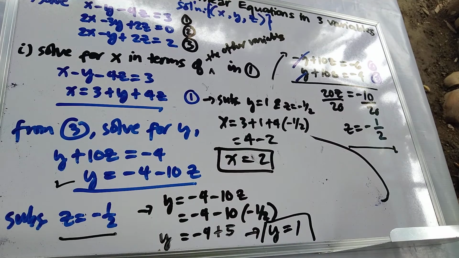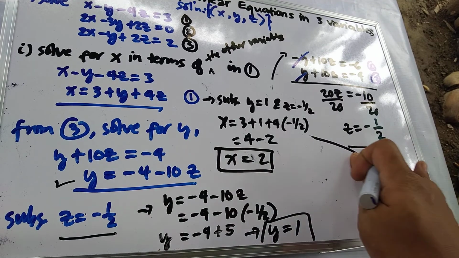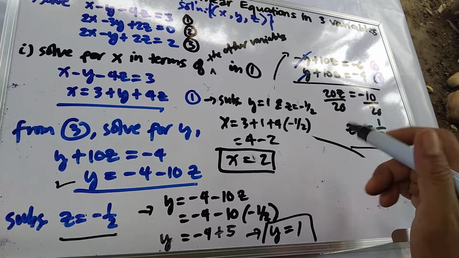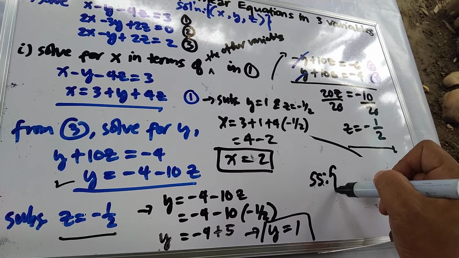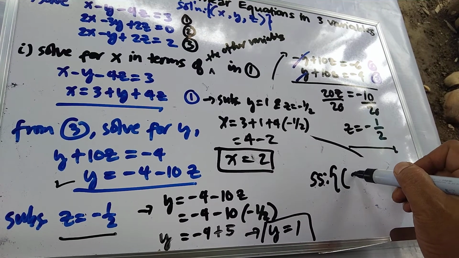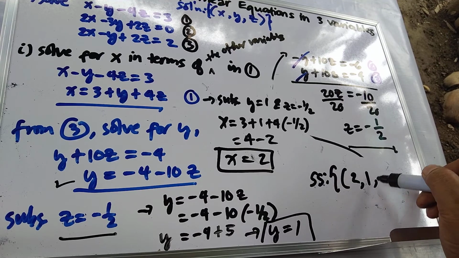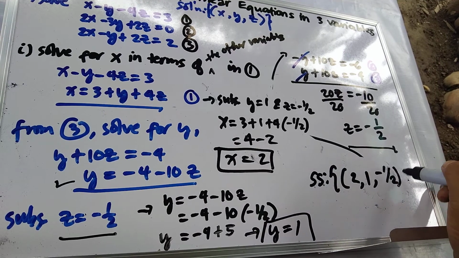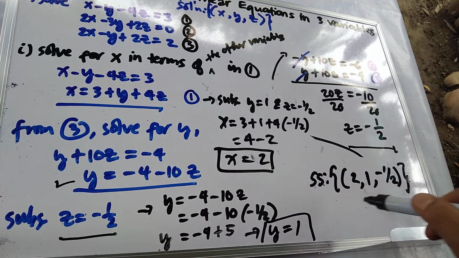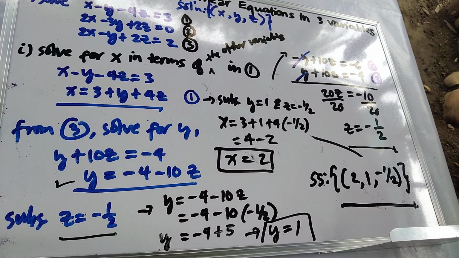Therefore, our solution set is the ordered triple 2, 1, and negative 1 half. Are we correct? I hope you enjoyed solving systems of linear equations in 3 variables.